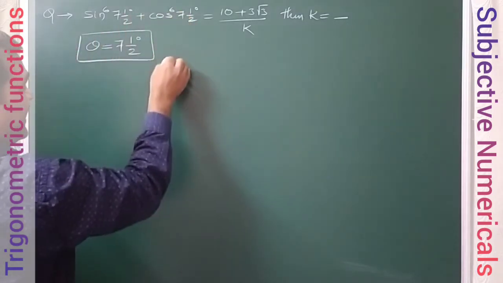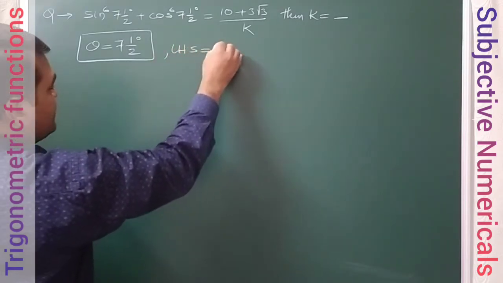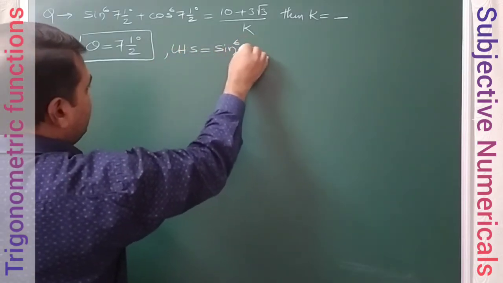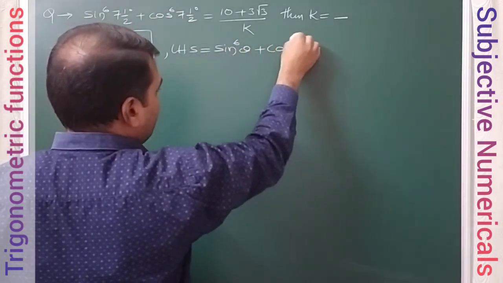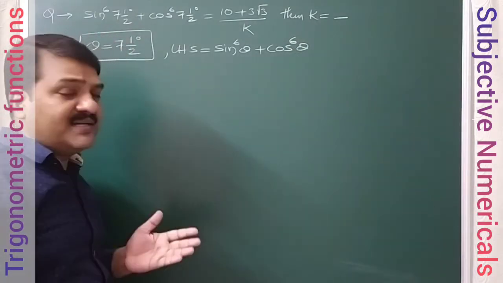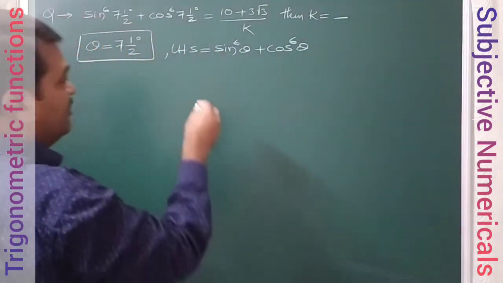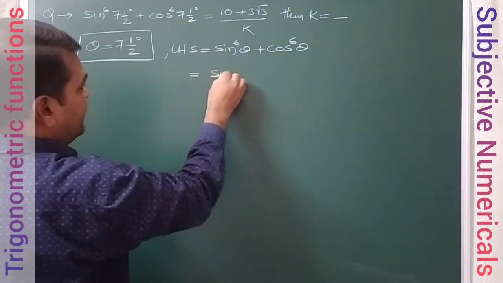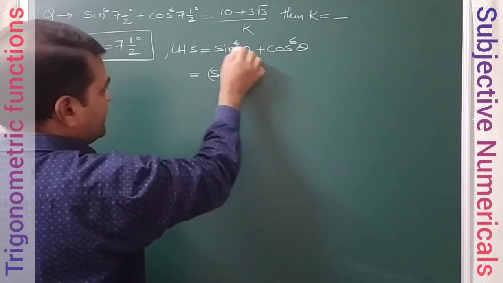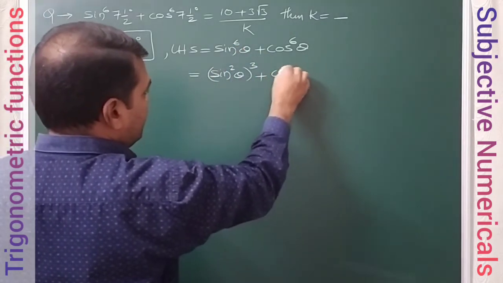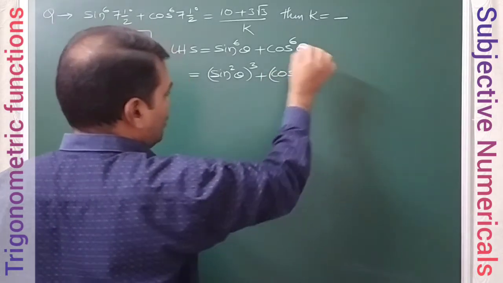Okay, so the LHS is going to be sin power 6 theta plus cos power 6 theta. Of course, this is a standard expression. Directly we have a formula for this, but I'll derive the formula also. So I can write this as sine squared theta whole cube for sine power 6 theta, and for cos power 6 theta we can write cos squared theta whole cube.